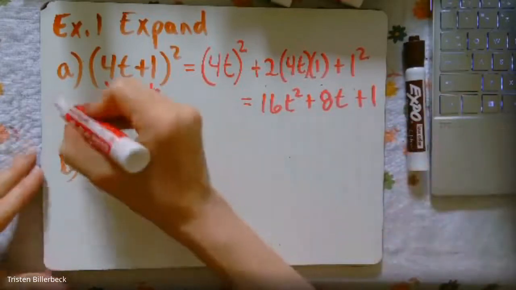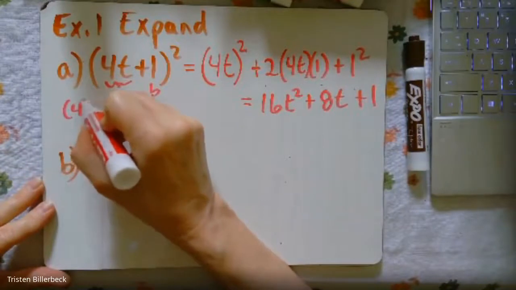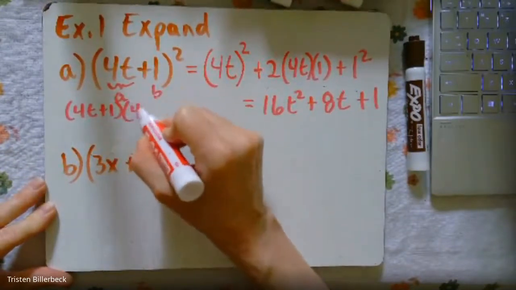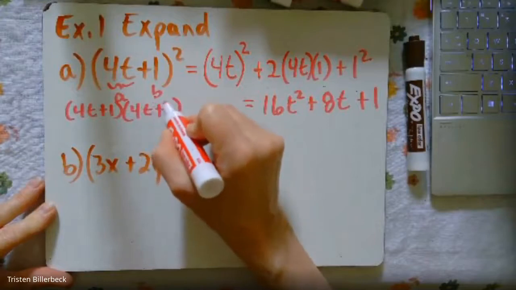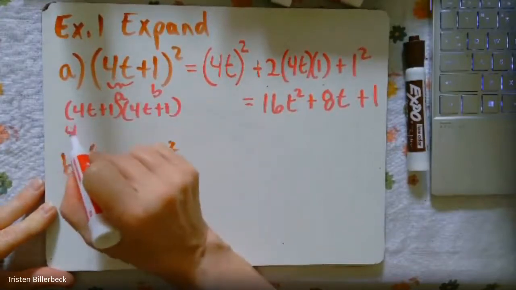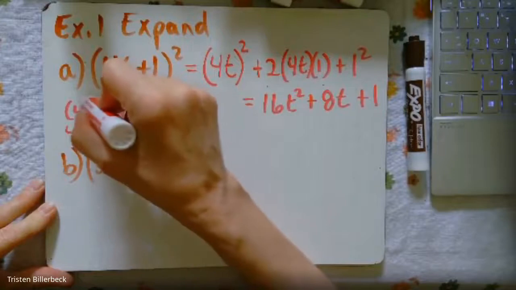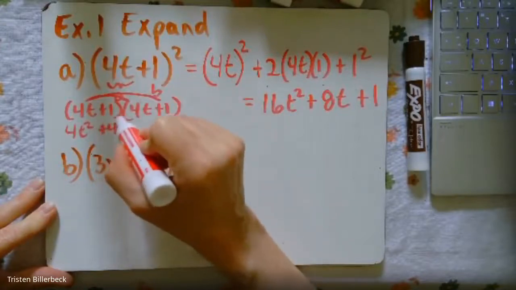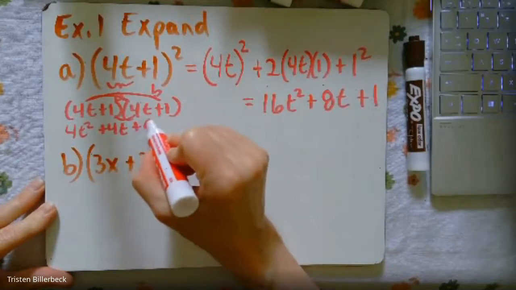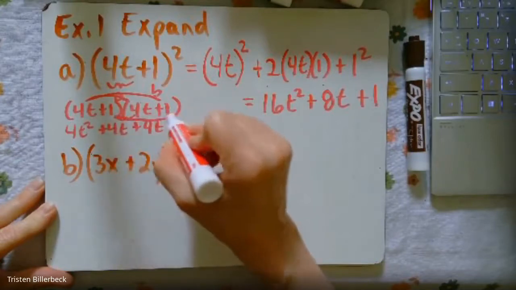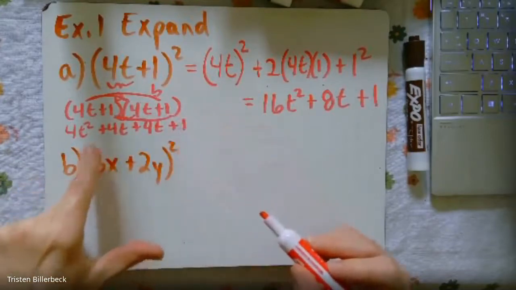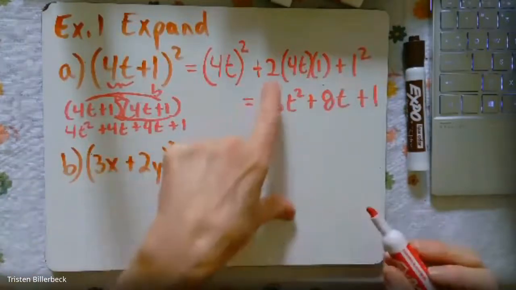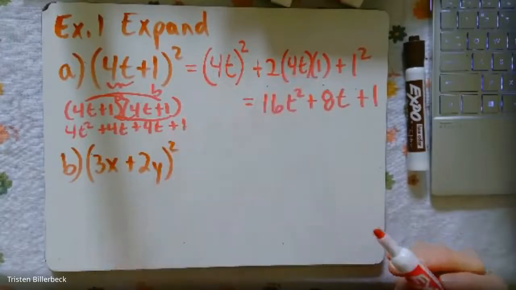Okay, if we had FOILed this out, 4t plus 1 times 4t plus 1, we would have gotten 4t squared for our first, outer plus 4t, inner is plus 4t, and last is plus 1. So there are 2 of these 4t terms, which is why there's 2 times 4t.